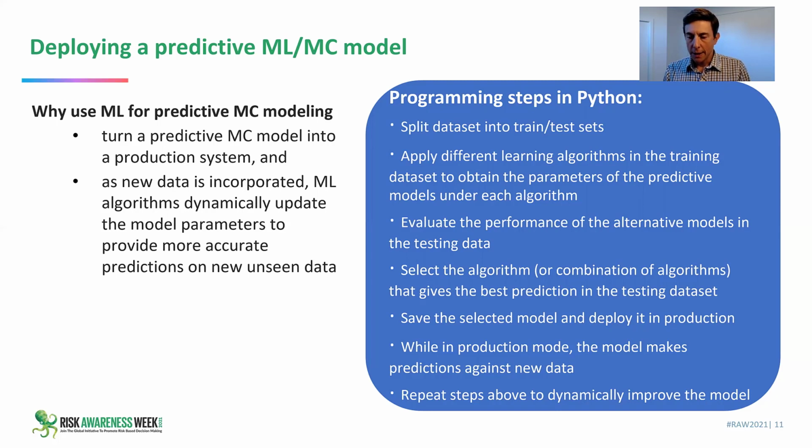Just a brief recap of what machine learning is basically doing: it takes the data and splits the data into a training set and a testing set. It applies learning algorithms to the training data set, and that produces a predictive model.